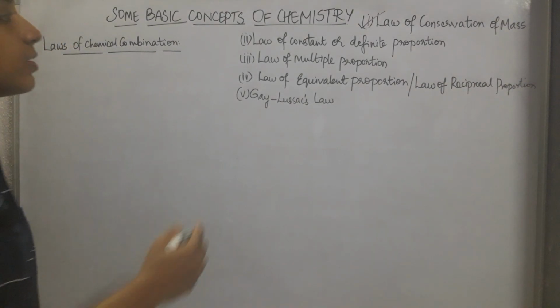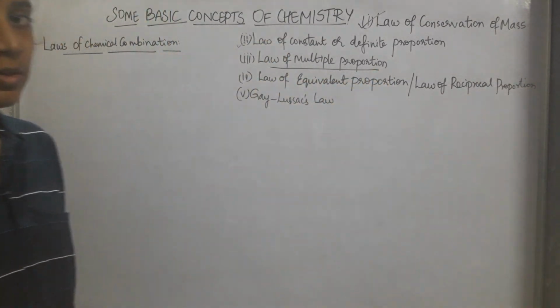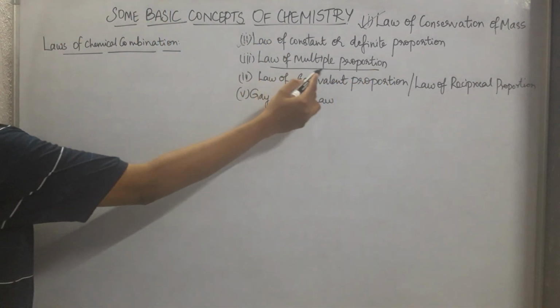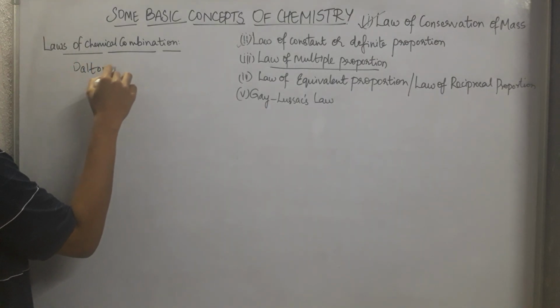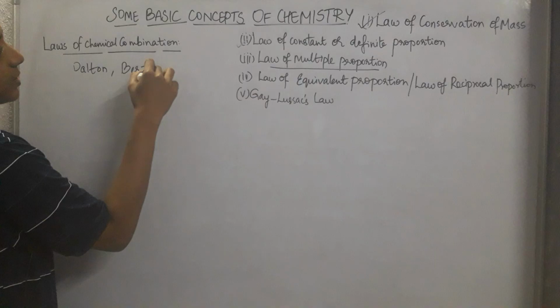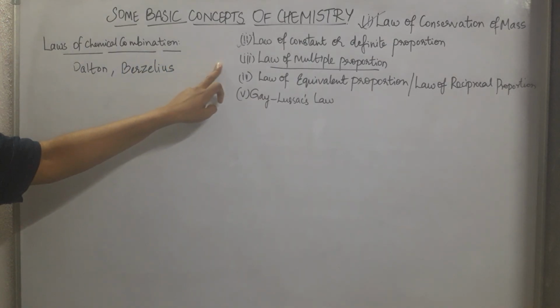So now we'll be seeing the law of multiple proportion, which is the third law. This law of multiple proportion was proposed by Dalton and it was verified by Berzelius. So what does this law state?